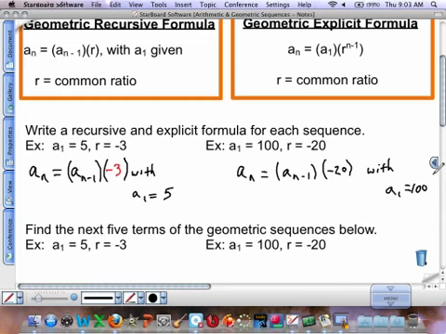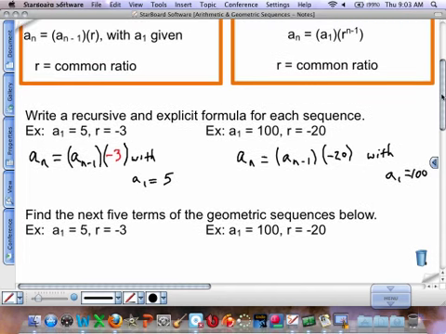All right, let's take a look at the geometric explicit. For our explicit, again, we're going to use that template. You've got some time here. Take a look at that.